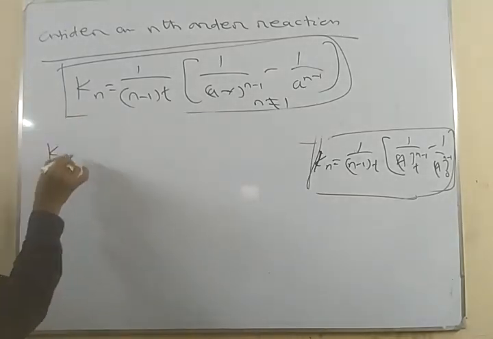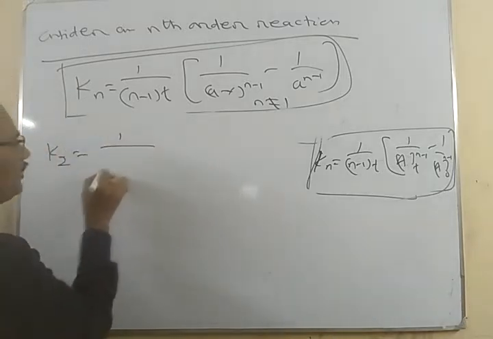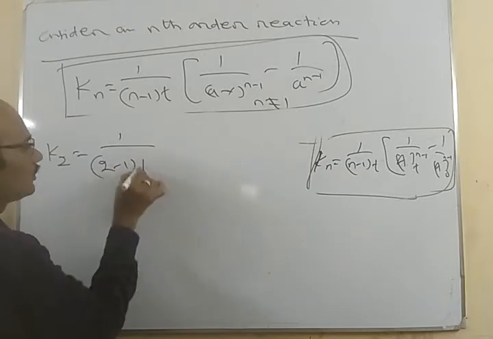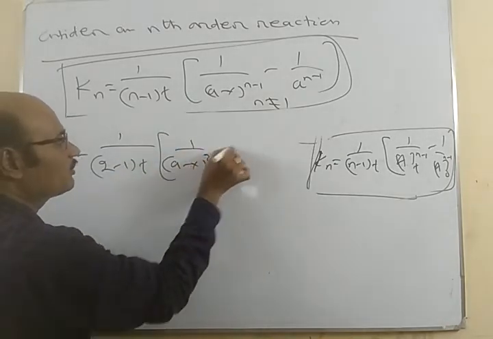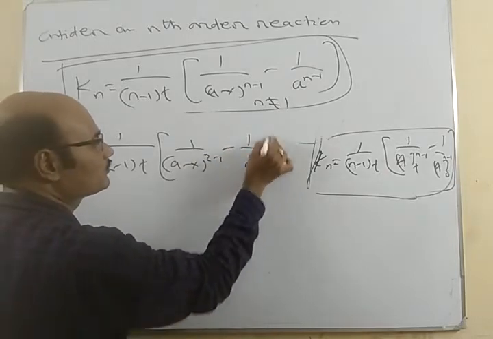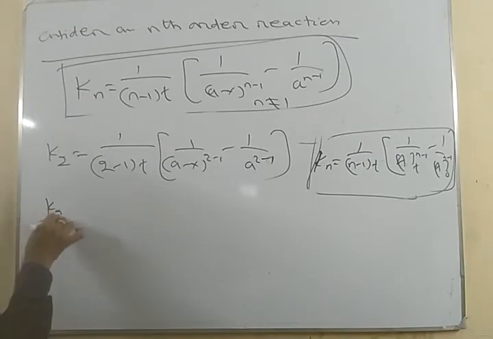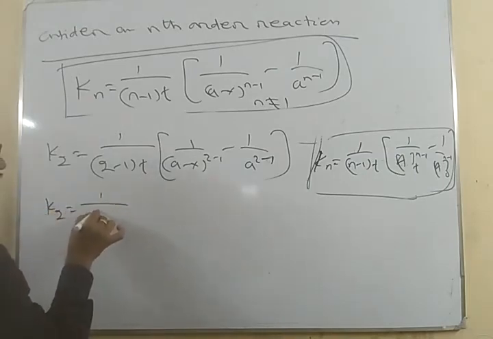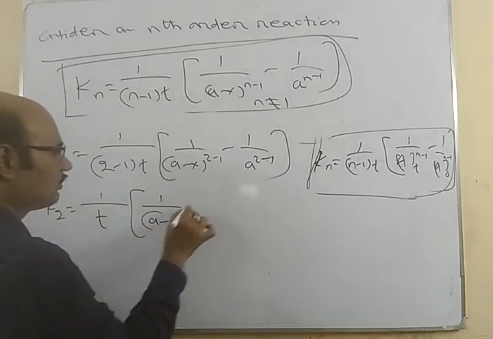So if I take k2, k for second order reaction, you get 1 by 2 minus 1 into t into 1 by a minus x power 2 minus 1 minus 1 by a power 2 minus 1. So k2 is equal to 1 by t into 1 by a minus x minus 1 by a.